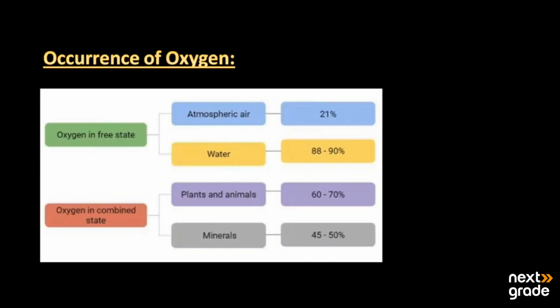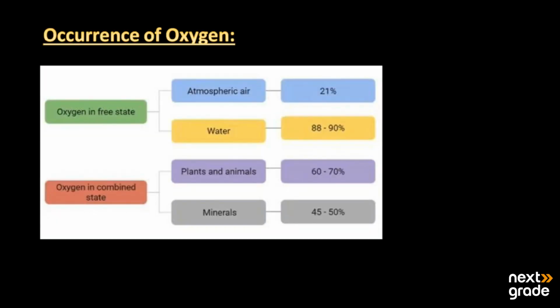First, we have the occurrence of oxygen. Basically, oxygen is found in the free state, or it can be found in the combined state. The first one is oxygen present in the free state, in which we talk about atmospheric air, which is almost 21%.